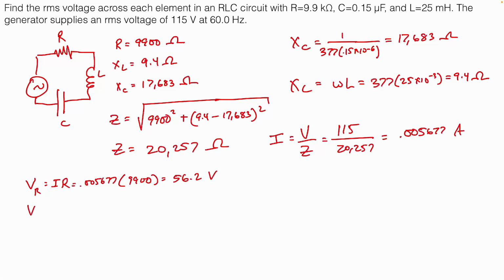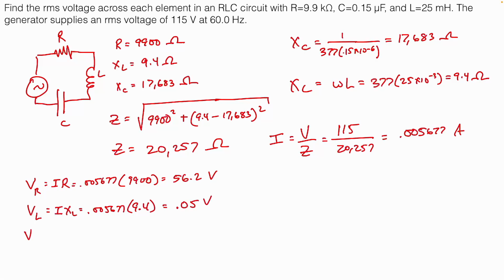Voltage through the inductor. It's going to be the current in the circuit times what? The resistance of the inductor. Always funny to think of it that way, but that's what it is. 0.005677 times 9.4 is a small number. 0.05 volts.